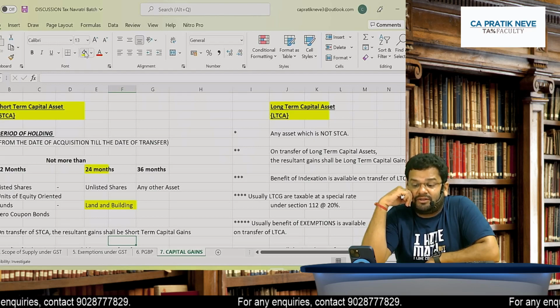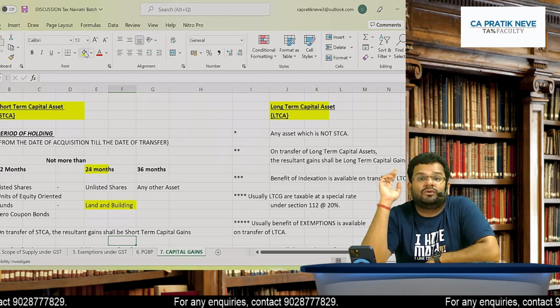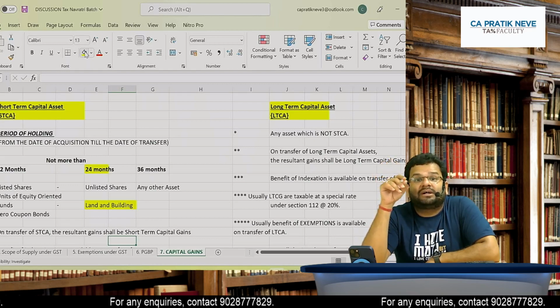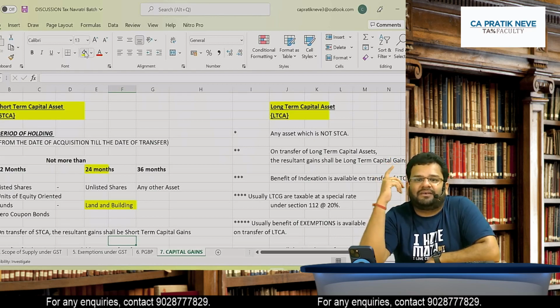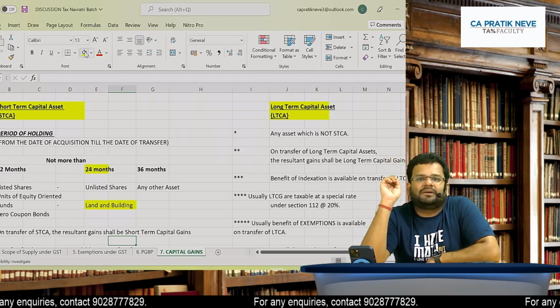Tell me, Chaitanya. Only Chaitanya is saying yes, others are saying no. So Chaitanya, it is not a capital asset. The motor car was held for personal use. So Ketki, it is a personal effect. So if a personal effect is transferred, there is no capital gain.